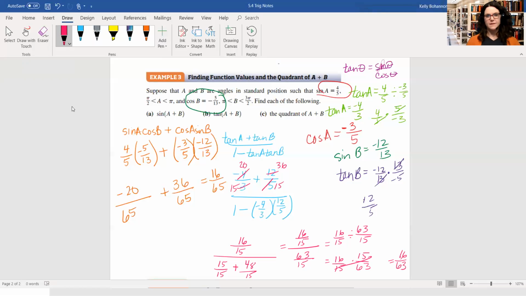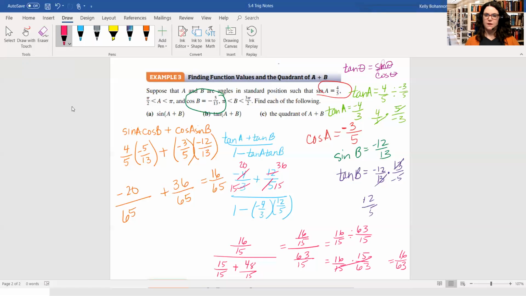And that is that. The last thing is that they want to know what the quadrant of A plus B would be. So let's see.